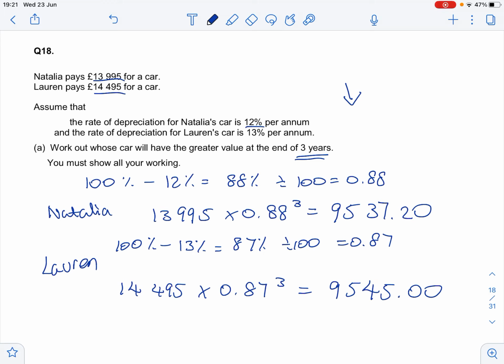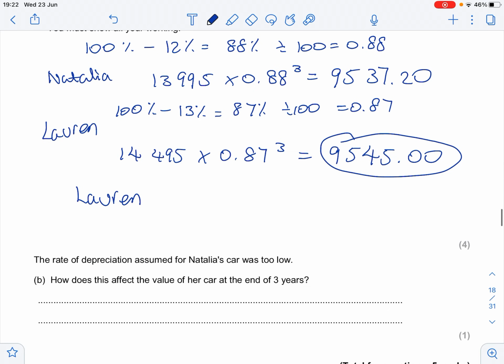So whose car will have greater value at the end of 3 years? So Lauren will have greater value. So this is greater. The rate of depreciation assumed for Natalie's car was too low. How did this affect the value of her car at the end of 3 years?